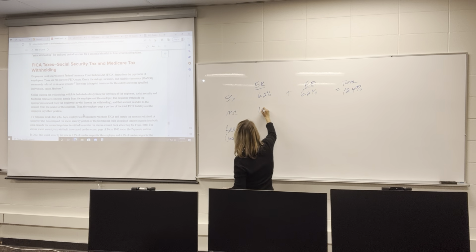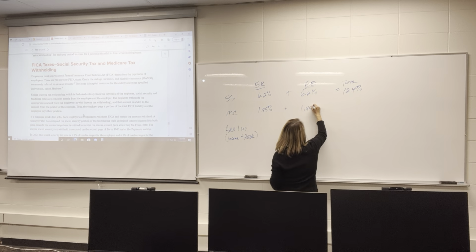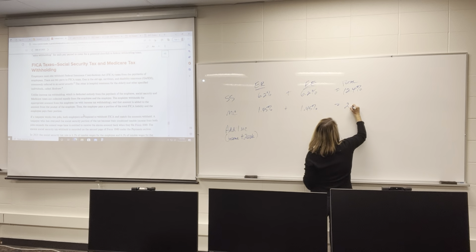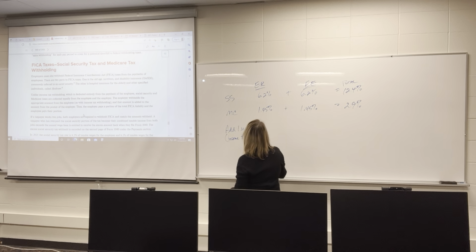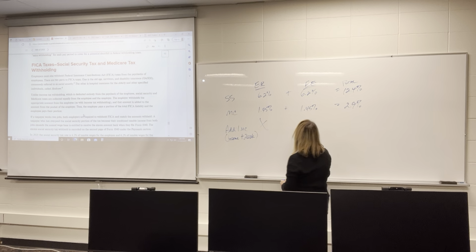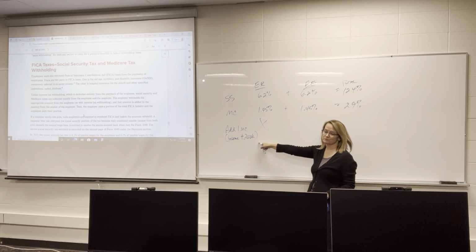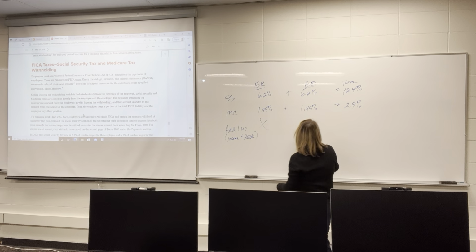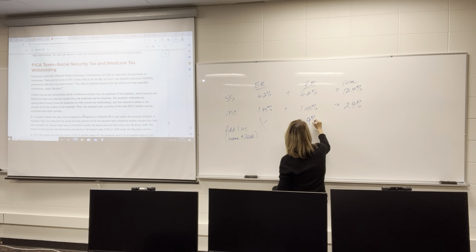Medicare, 1.45%, and the employer pays 1.45% for a total of 2.9%. Additional Medicare, employer doesn't pay any of that. It's only the employee, and it's only on amounts over 200,000. 0.9%.